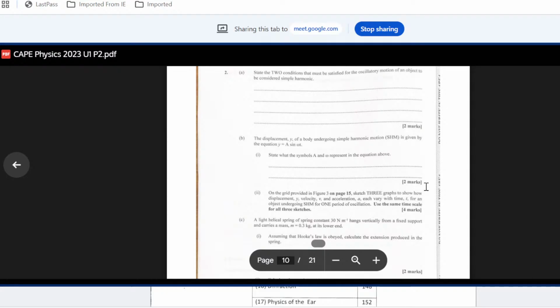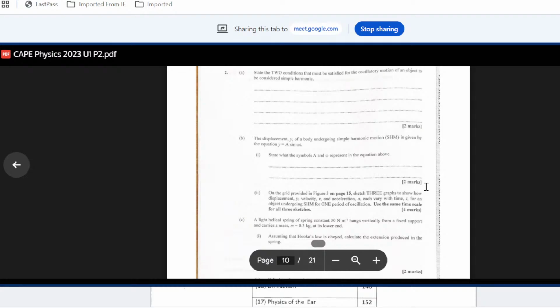A is amplitude and omega is angular velocity, the W looking thing.